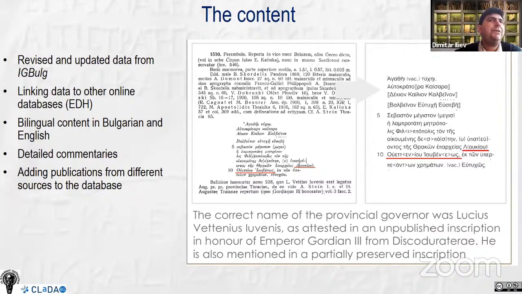For example, if there's an instance of a particular inscription in Epigraphische Datenbank Heidelberg or somewhere else, in Clauss-Slaby, in EPIGRAPHIST inscriptions, etc., we're linking data to other databases whenever this is applicable.